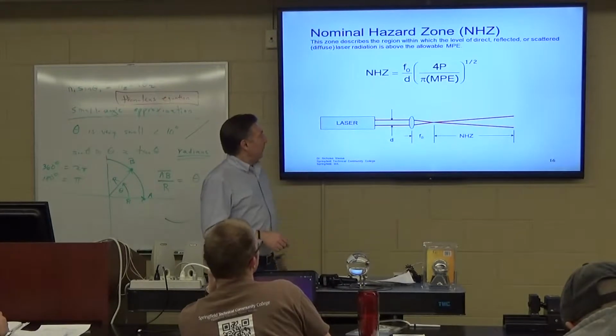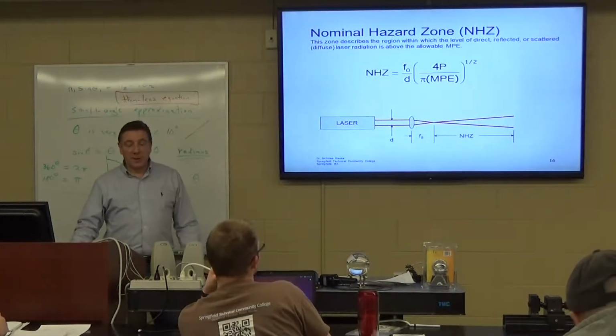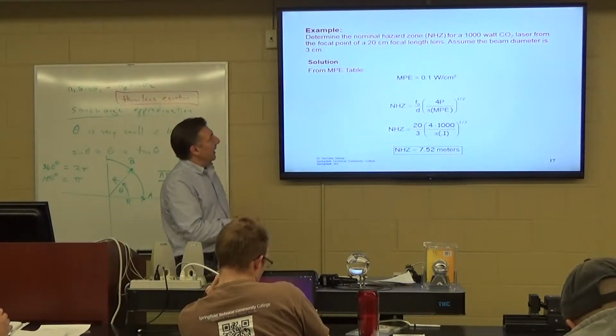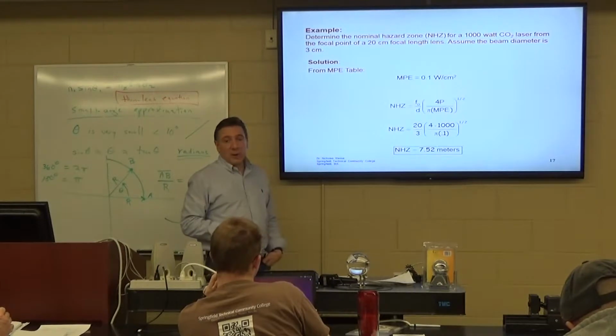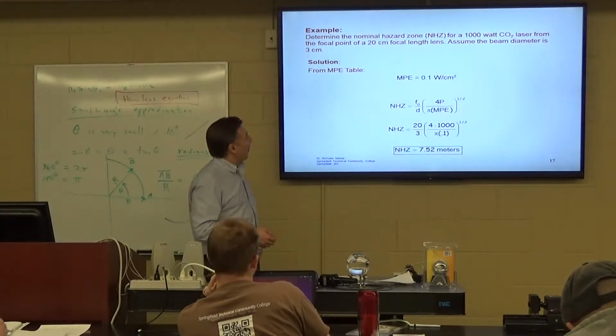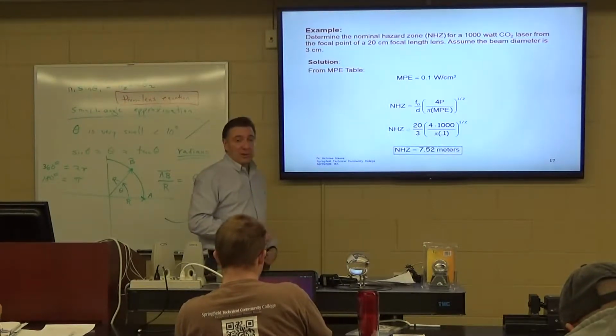But it's a pretty simple equation that you can plug into, and it will tell you how far away you have to be. For example, determine the nominal hazard zone for a 1,000-watt CO2 laser, a typical industrial laser, from the focal point of a 20-centimeter focal length lens, and assume the beam diameter is 3 centimeters.